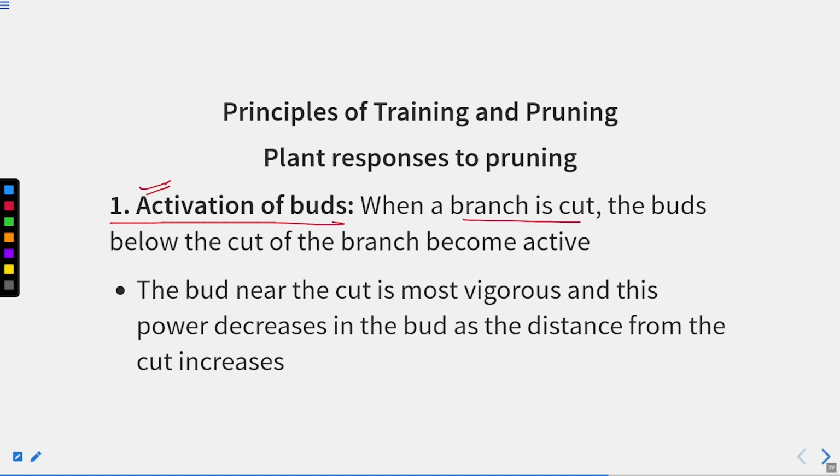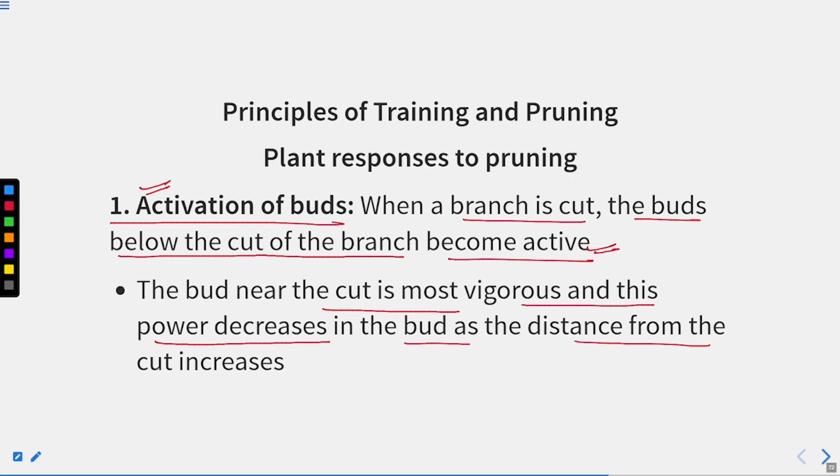When a branch is cut, the buds below the cut of the branch become very active. The bud near the cut is most vigorous, and this power decreases in the buds as the distance from the cut increases. So the bud which is present just near the cut will grow more vigorously.